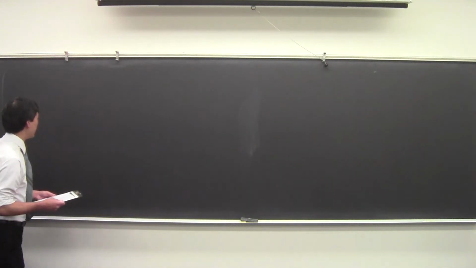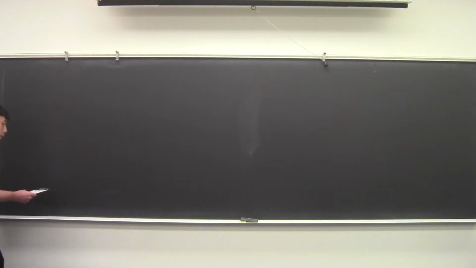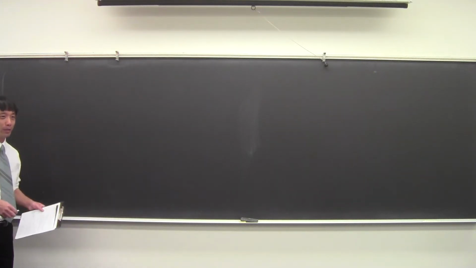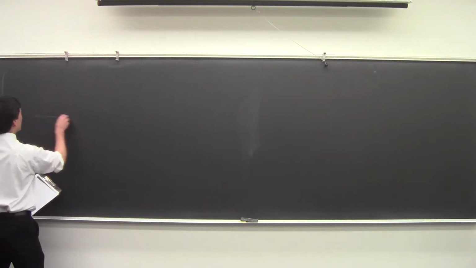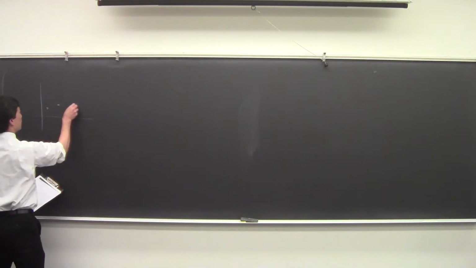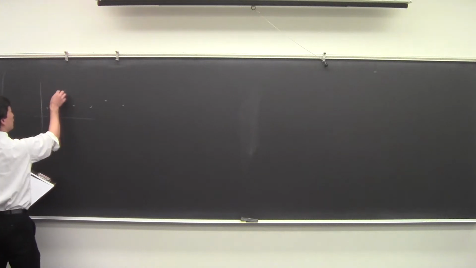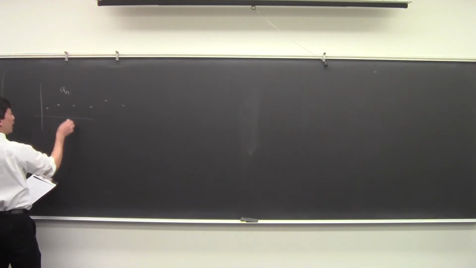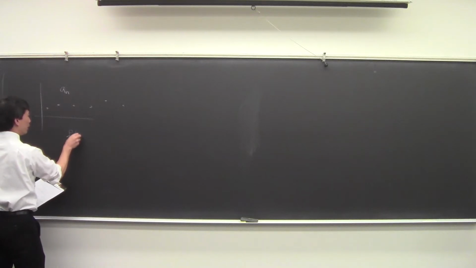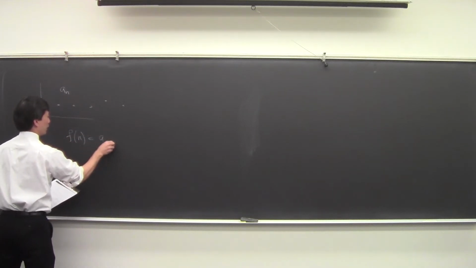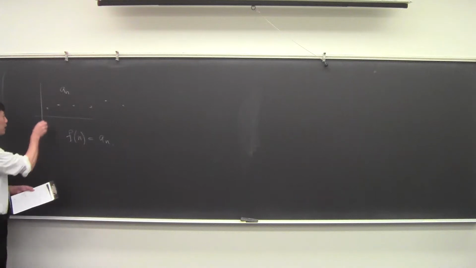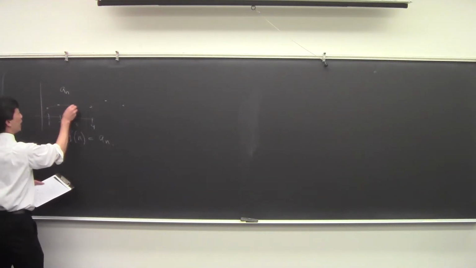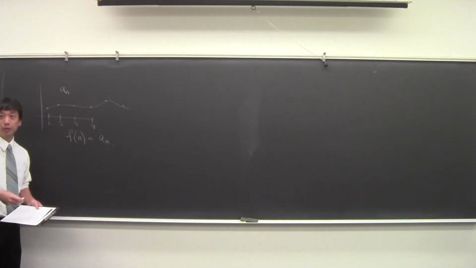So we're basically saying that if your sequence is a function that you know in disguise, right? So you have some sequence a sub n, but really there's some function that you know where the function takes on those values at the natural numbers.